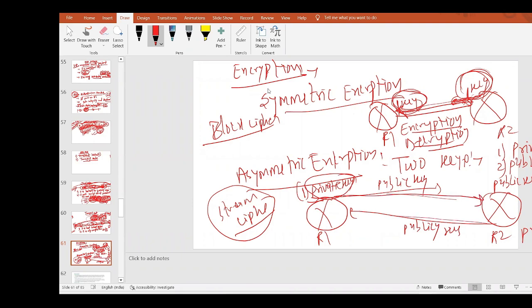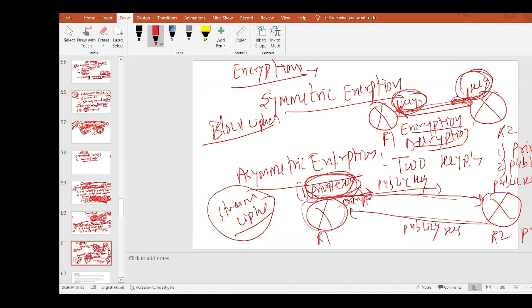Why does it do so? Because if this router has to encrypt any packet, it will encrypt the packet with its private key, because it is the initiator now.